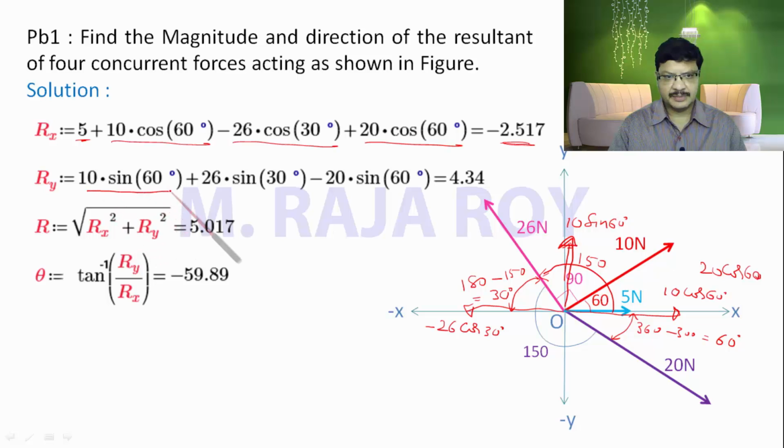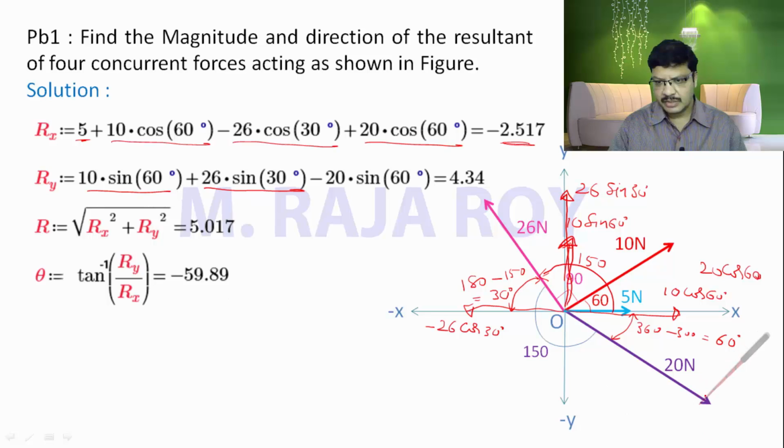Next, coming to this 26 Newton force, this will also have the y component in the upward direction only. The value is 26, angle with respect to x is 30 degrees, 26 sin 30, and this is in the positive direction only, so plus 26 sin 30.